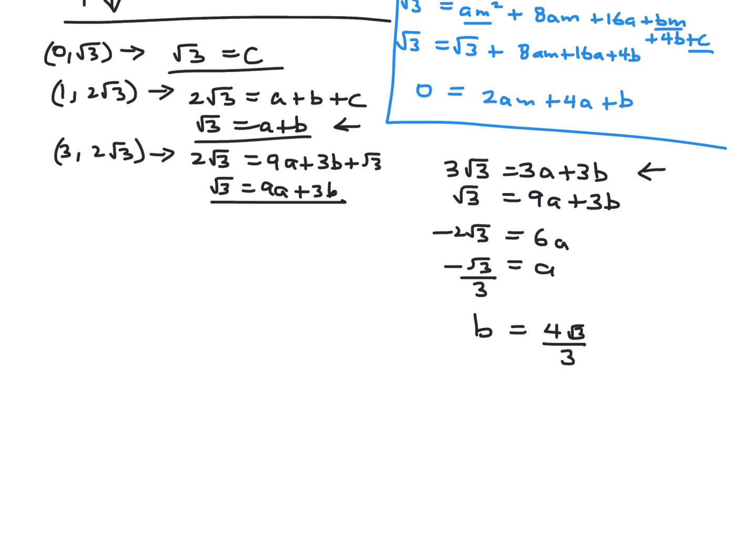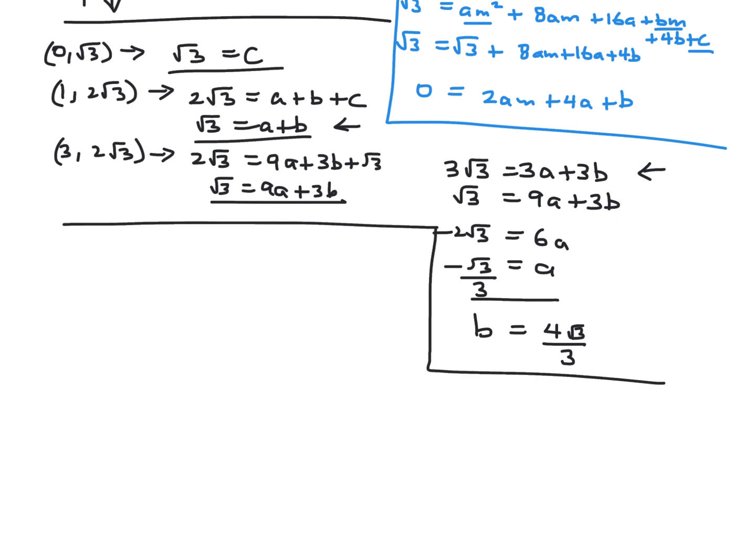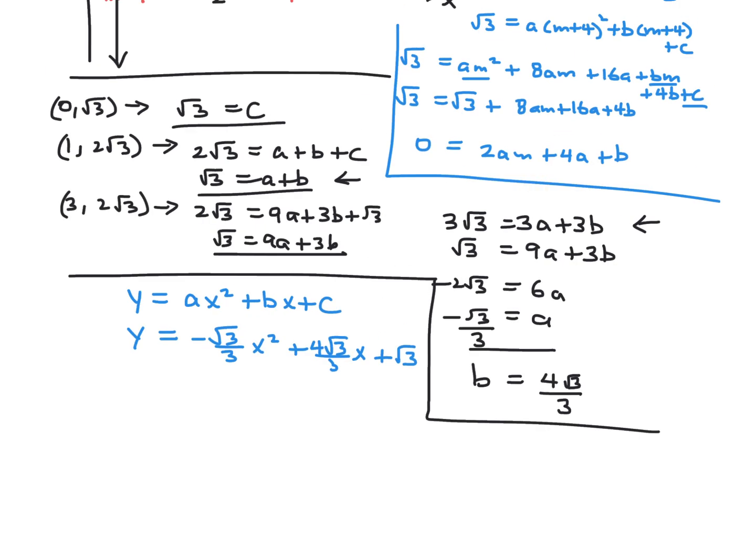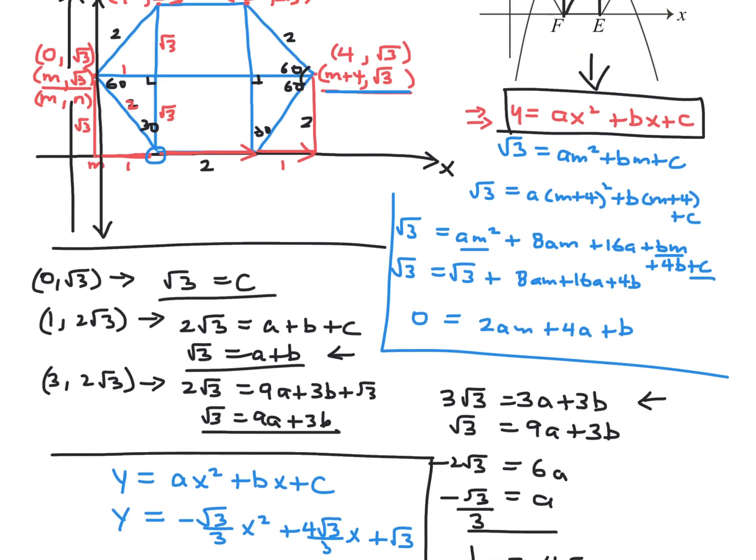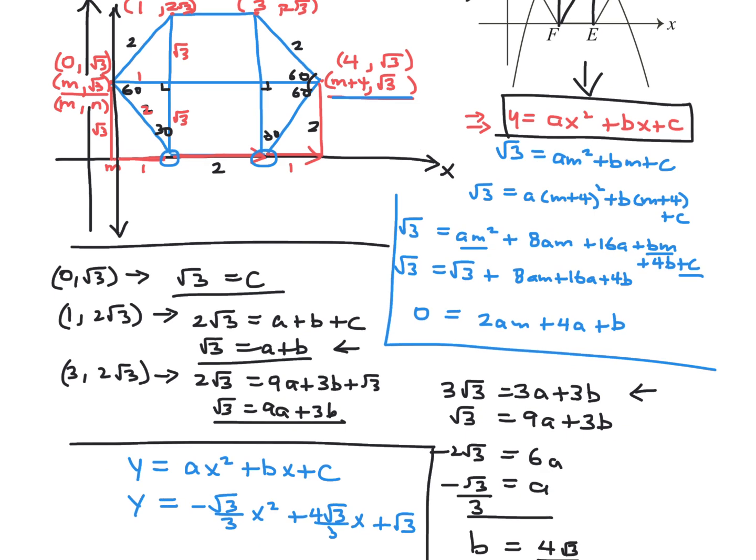Okay, so we got all three letters, and then let's sub that back into my formula. And that formula was y is equal to ax squared plus bx plus c. So that means it's minus root 3 over 3 x squared plus 4 root 3 over 3 x plus c, which is root 3. And then to get the x coordinates right there and right there, we're going to have to set y equal to 0.